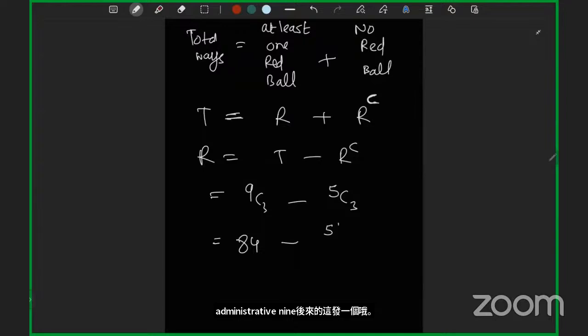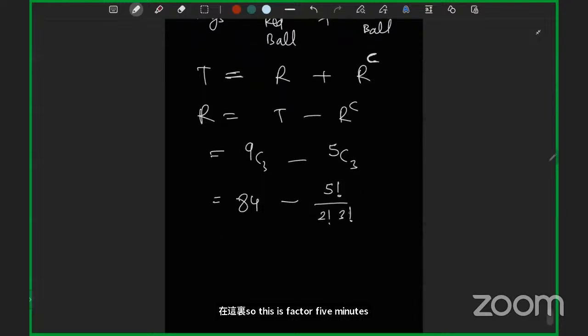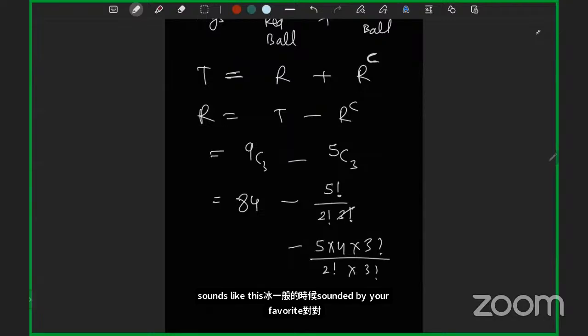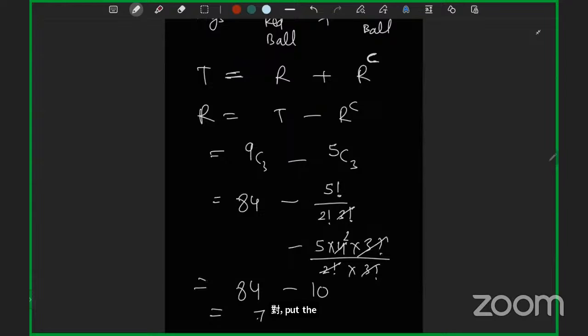If you do this, this is 5 factorial over (5 minus 3) factorial, which is 2 factorial, into 3 factorial. If I solve this, I'll get 5 into 4 into 3 factorial divided by 2 into 3 factorial. So this will cut off, and 2 factorial is 2 only. So this is 10. So 84 minus 10 is 74, which is our previous answer.